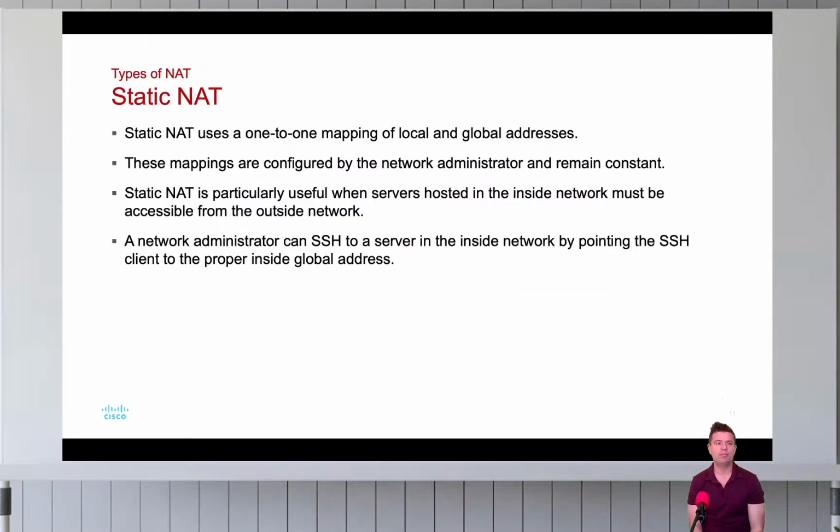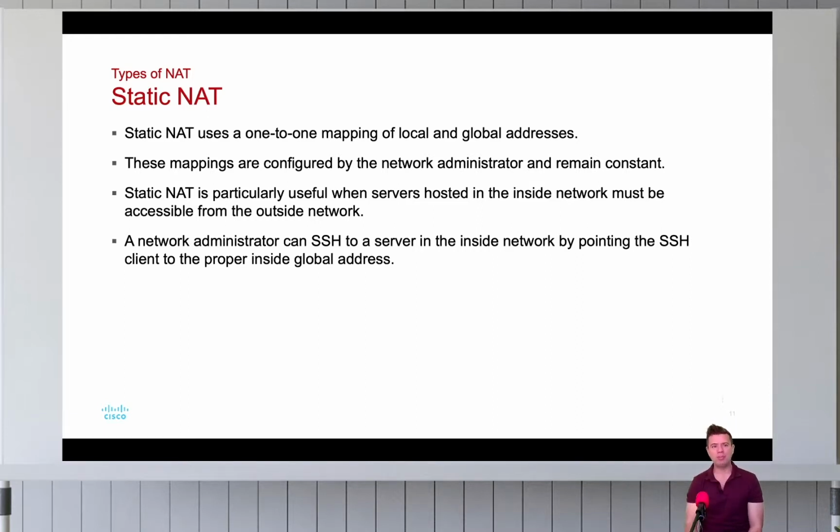Now we get 3 kinds of NAT. Our first kind of NAT is static NAT. Static NAT is basically a one-to-one mapping. In other words, one private address mapped to specifically one global address.